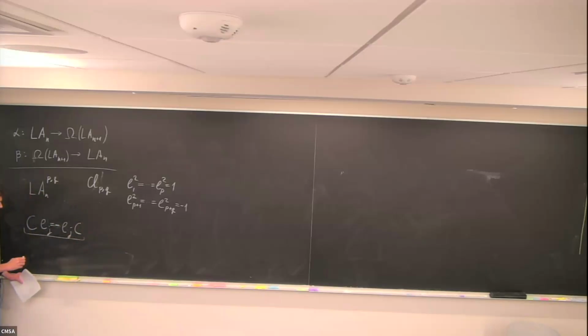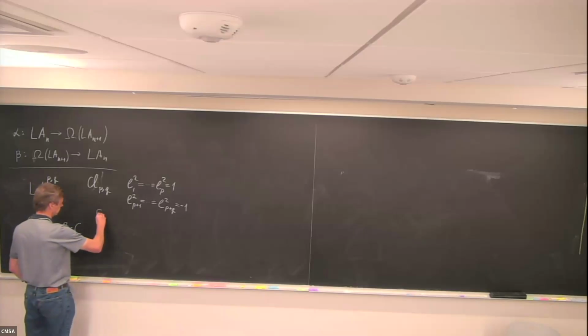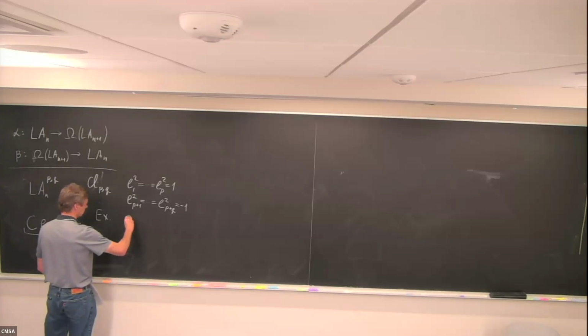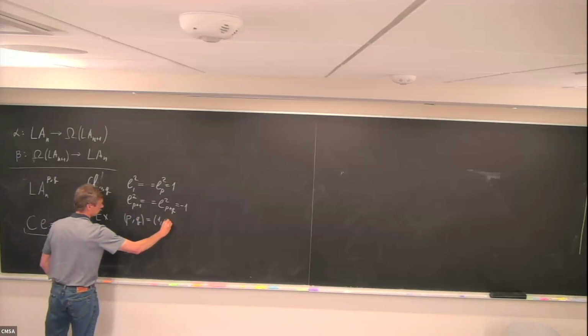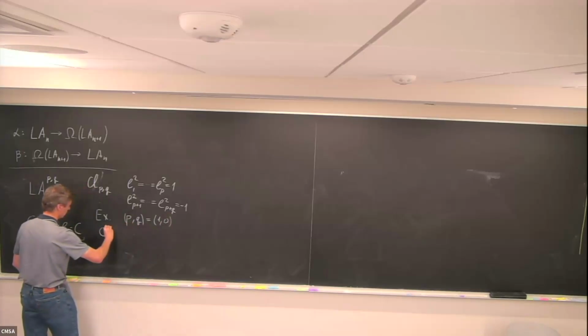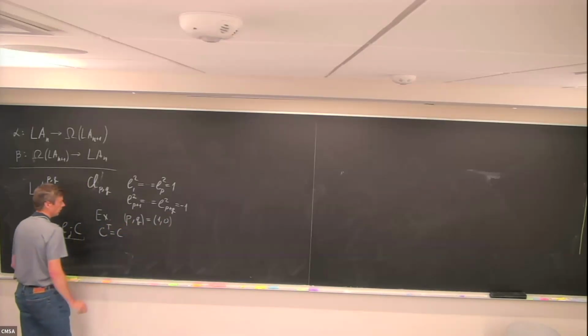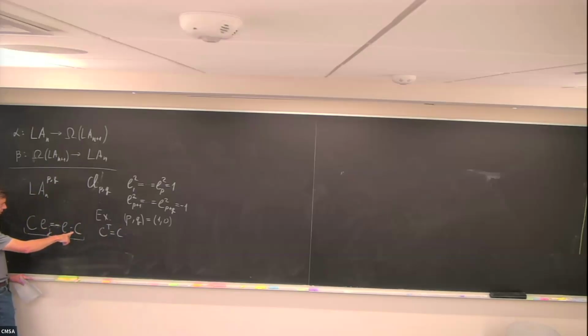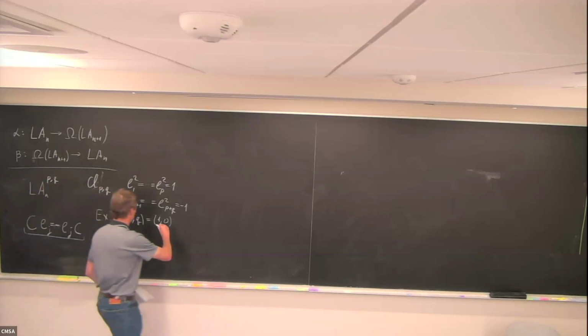And for example, let's consider the case of symmetric matrices and one positive generator. How does such a matrix look like? We can write the generator explicitly.